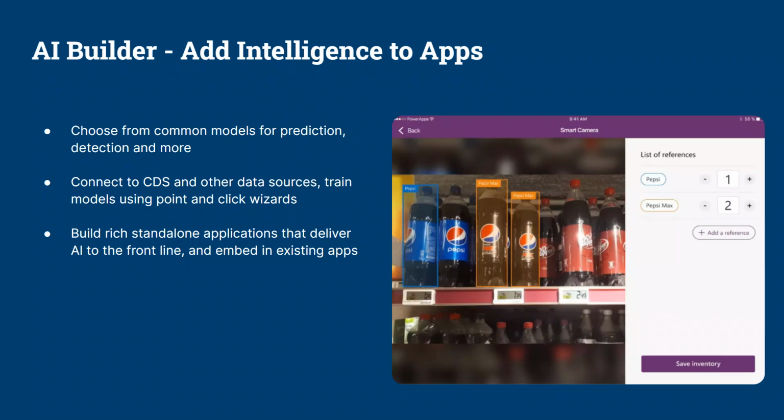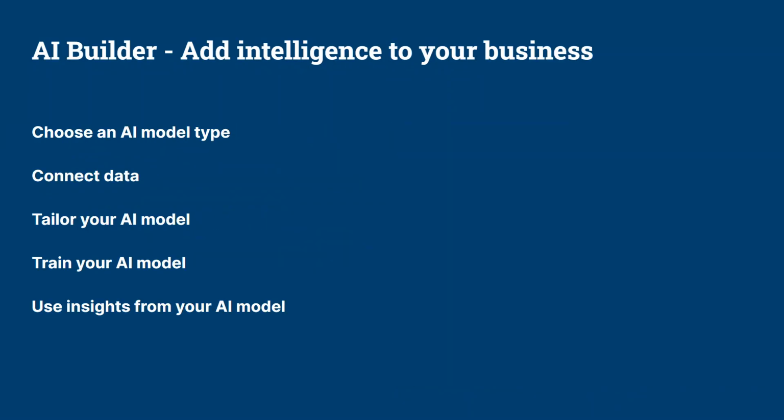What we need to do here is choose a model from the available models, and then we connect it to a data source. We can train the model. Some of the models are pre-trained. Some of the models need additional training. Using the models present within AI Builder, we can quickly develop an application.